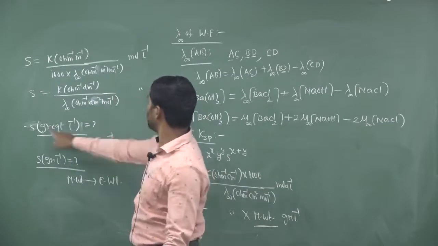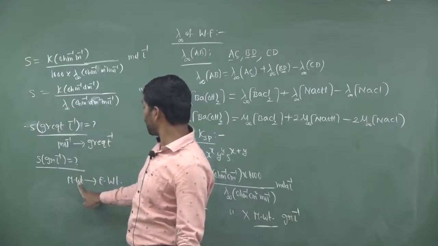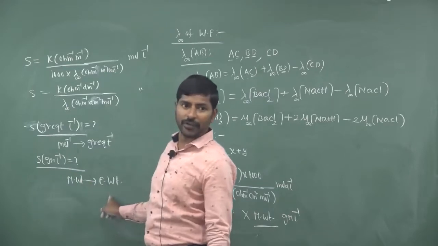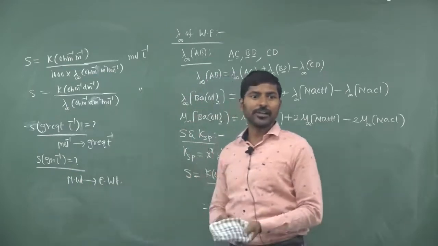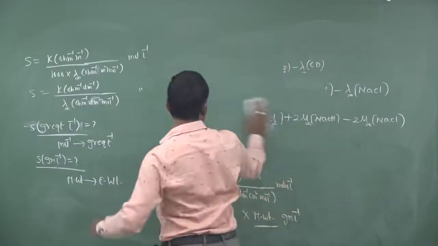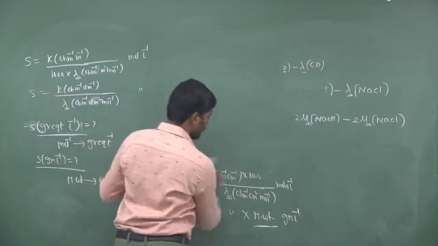After that, if you want to convert into grams per liter, we have to multiply with the equivalent weight. Right, this is solubility. Once you get solubility, we can calculate solubility product by using this equation.